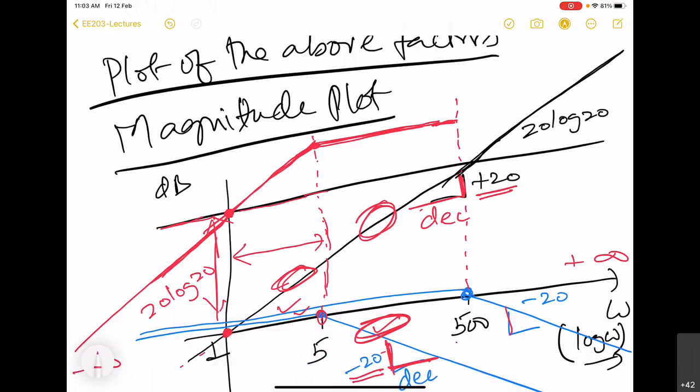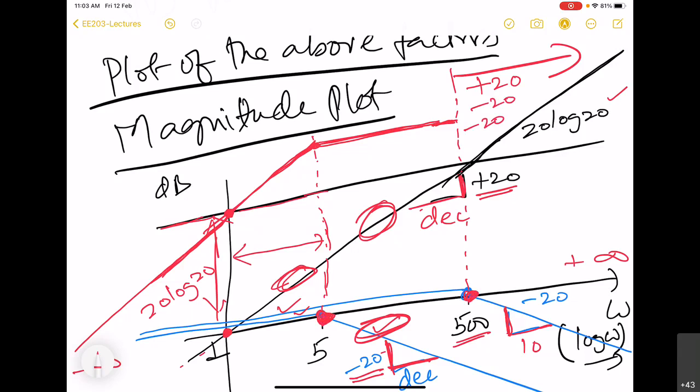Now this pole at 500 starts contributing minus 20 dB for every tenfold increment in the frequency. So in this region, we get contribution of plus 20 dB from this one, then minus 20 dB from the pole at 5, and then minus 20 dB from the pole at 500.